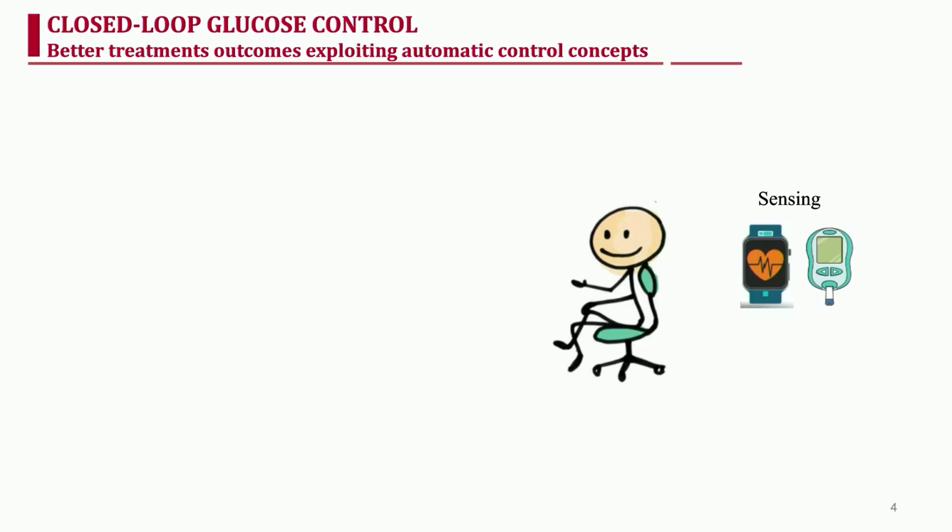So what are the ingredients? We have the sensor here. I showed you the sensors before. We have the actuation here, so some devices that deliver insulin. Now, in conventional therapy, the patient has to make the decision. So the calculation regarding the doses and the management of the treatment is up to the patient.